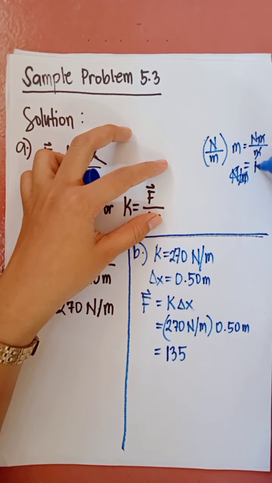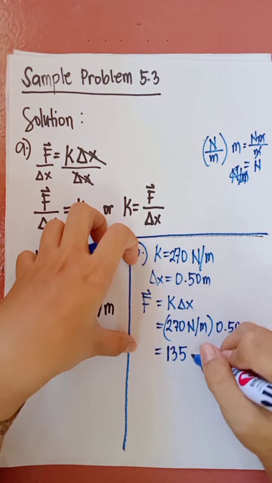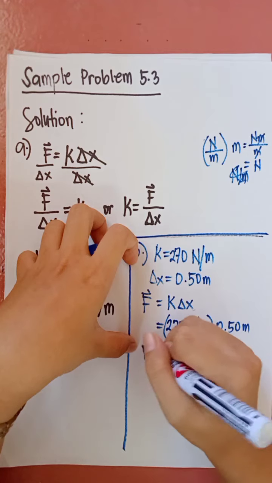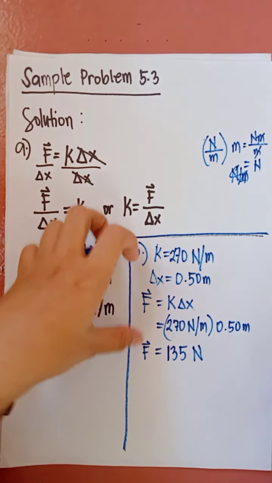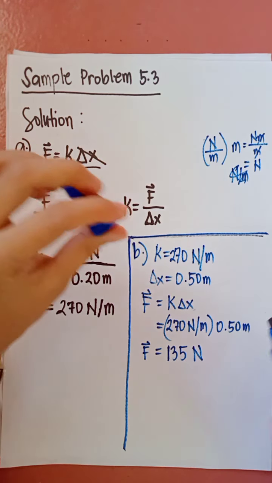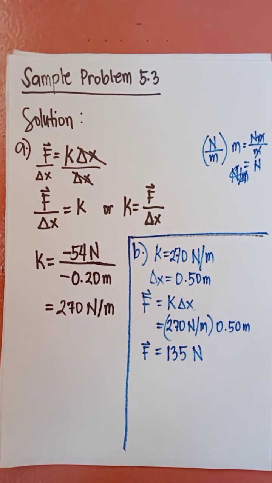What's left is newton. So F, or the force needed to compress the spring by 0.50 meters, is 135 newtons. Now we have letter C.